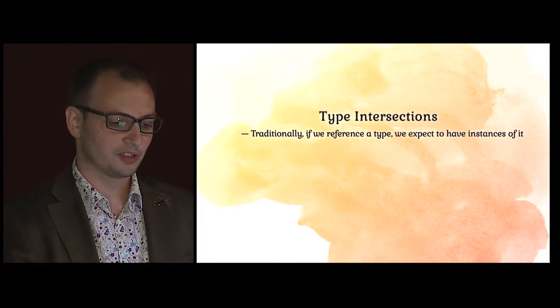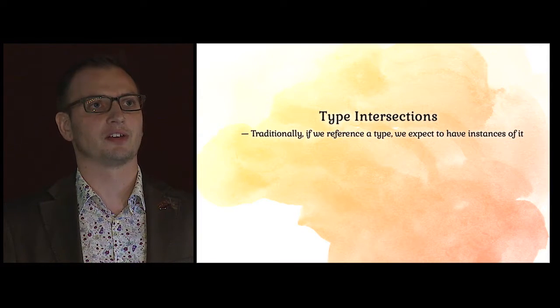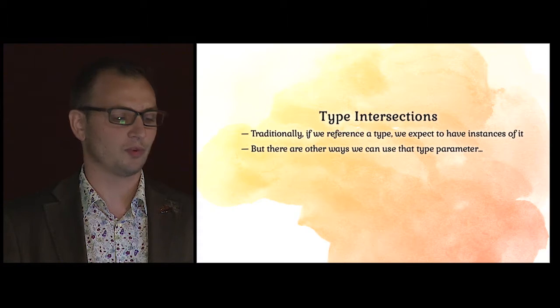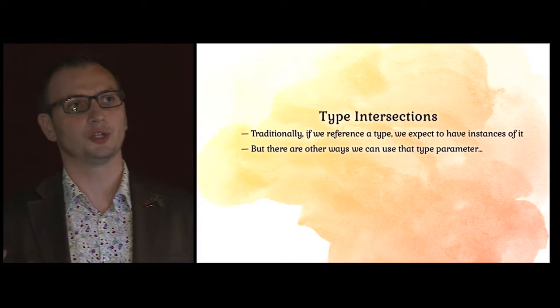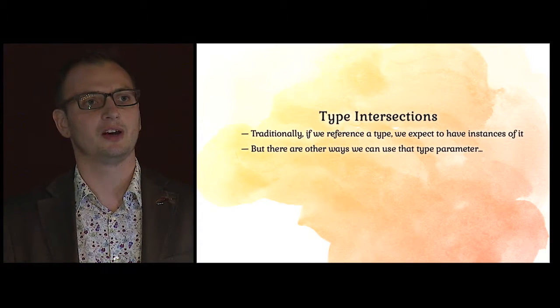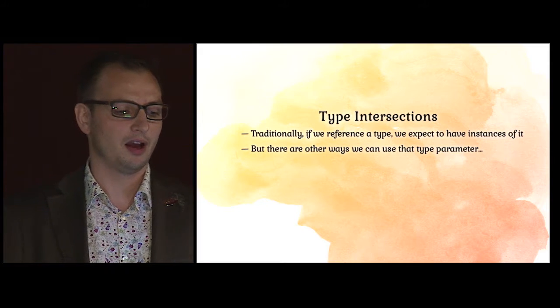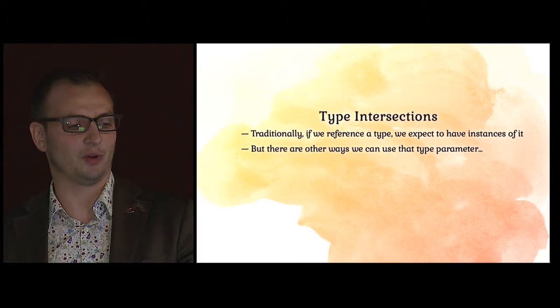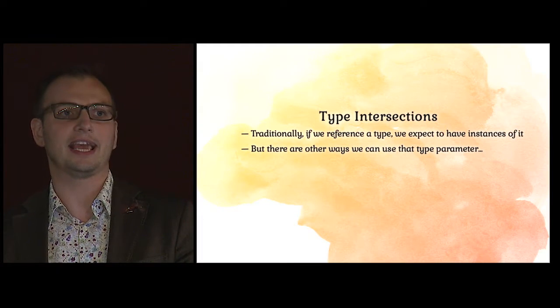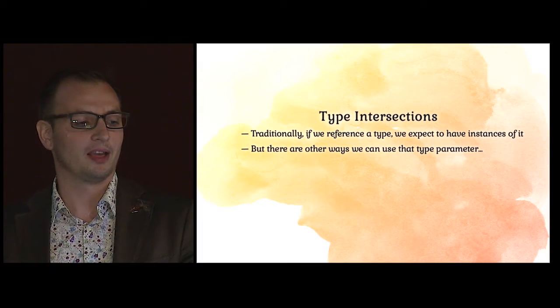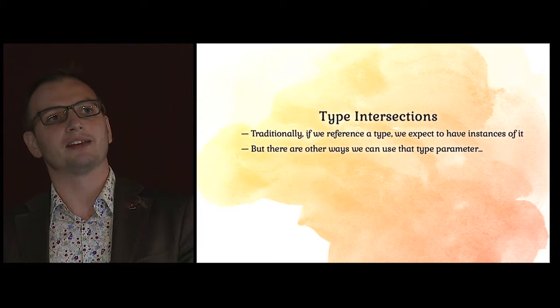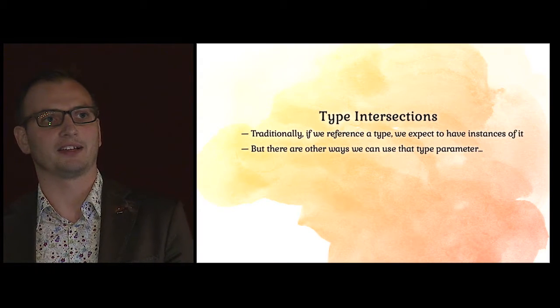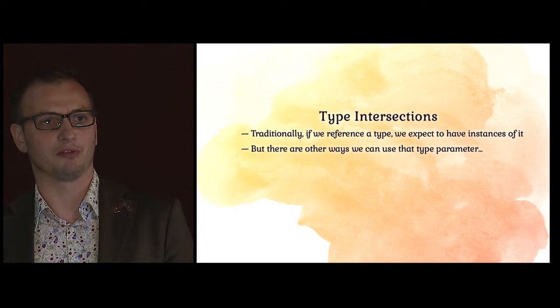But there's no reason why you have to ever have instances of those types. There are useful ways we can use that type parameter without ever having an instance of them, which is quite convenient because if you have an en and an fr, what does it mean to have something that is both an en and an fr, as a subtype of both of those types?